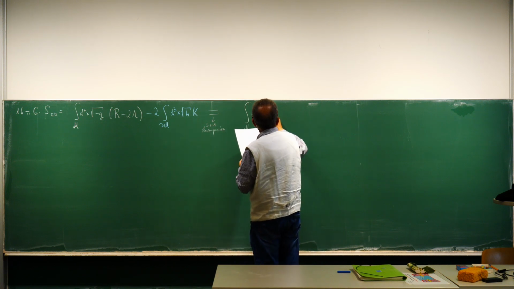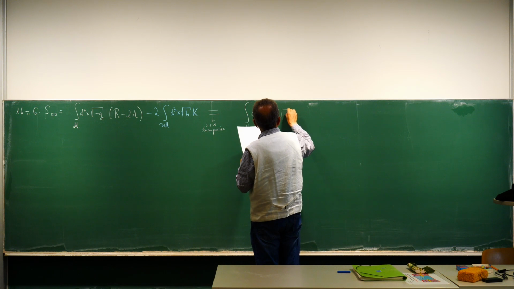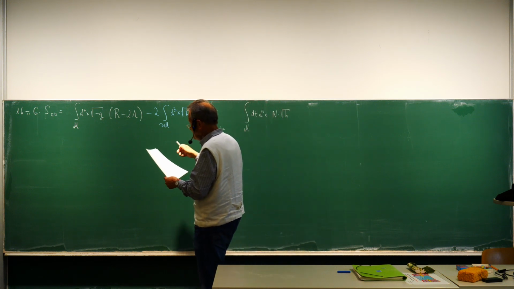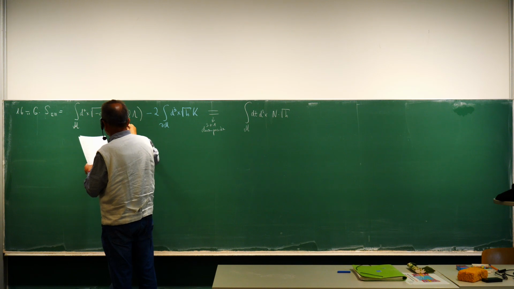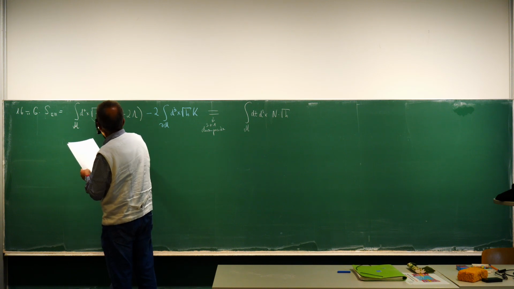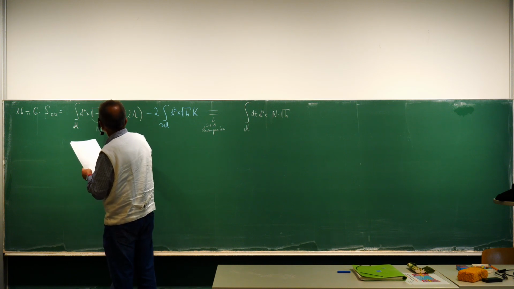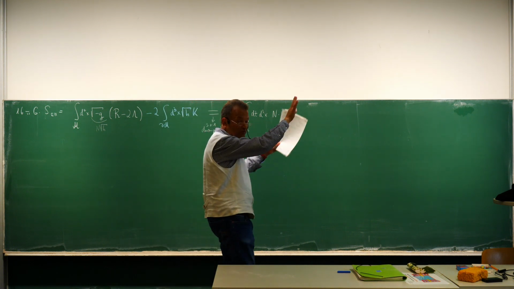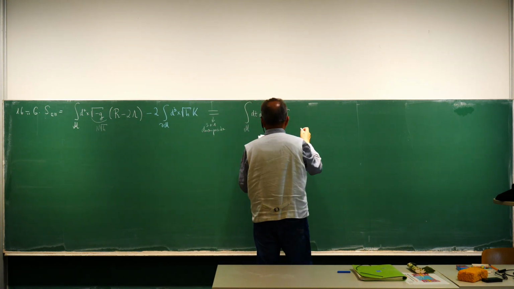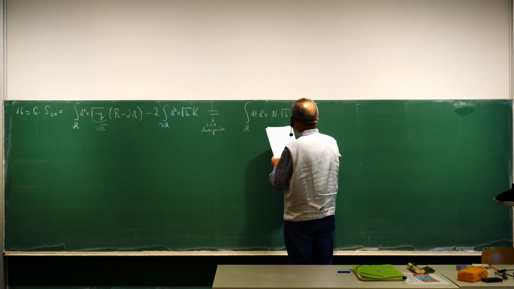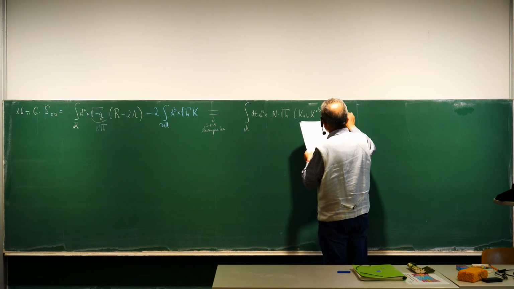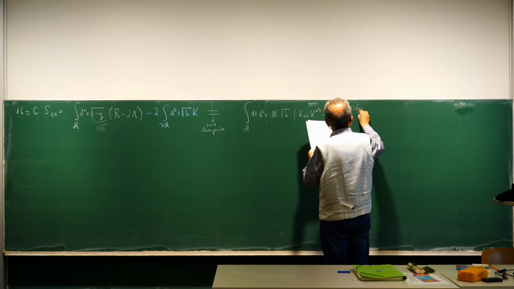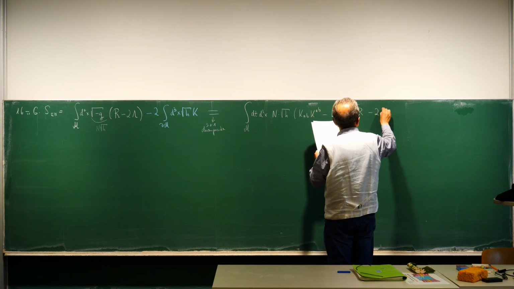And now the lapse comes: N times square root of h, as shown from that form that we had with the matrix. Then we have K_ab K^ab minus K squared plus 3R minus 2 lambda.